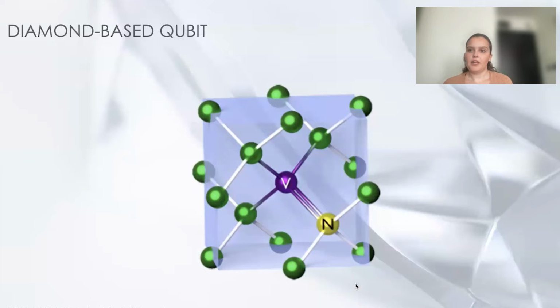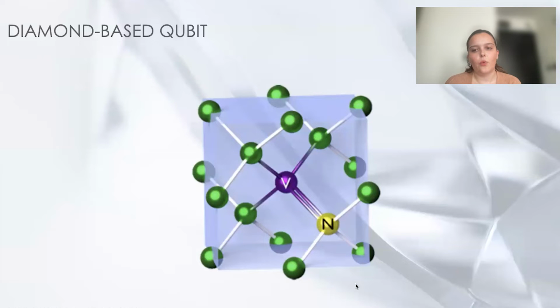So for a diamond-based quantum computer, obviously for a diamond, we have a carbon lattice. And what we do is we shoot a nitrogen laser on the lattice, and it displaces a couple of the carbon atoms and replaces one with a nitrogen atom. But there's also a little bit of a hole left when the second carbon atom is displaced.